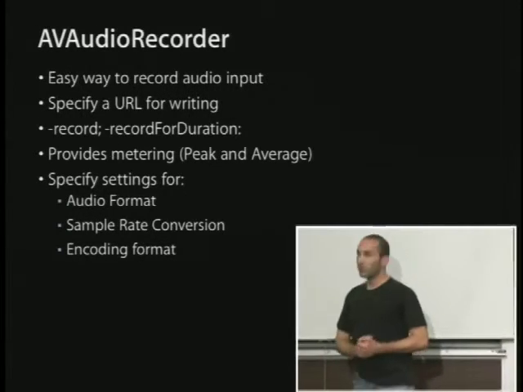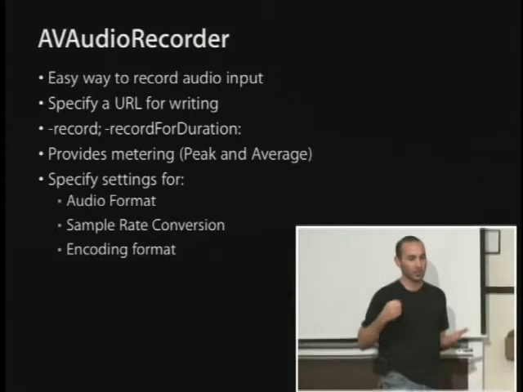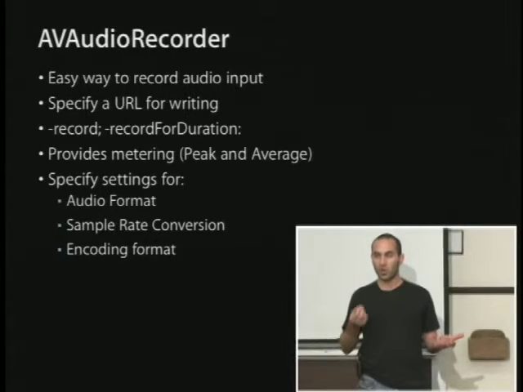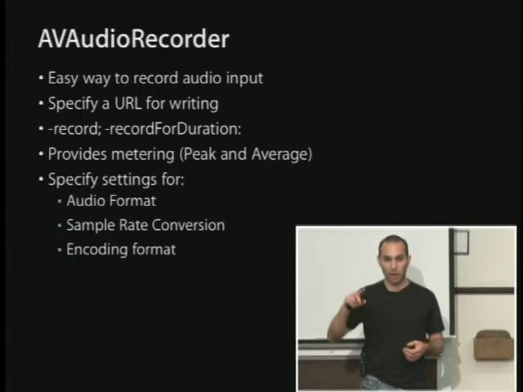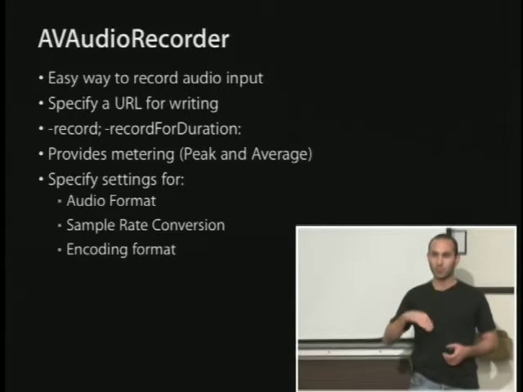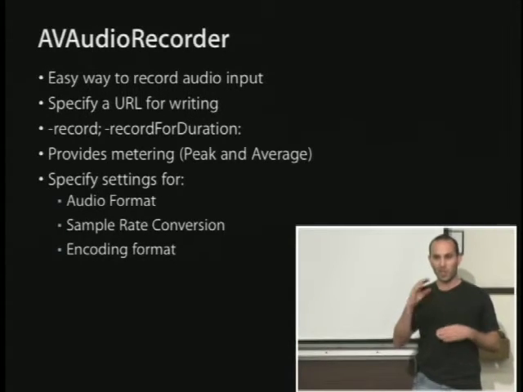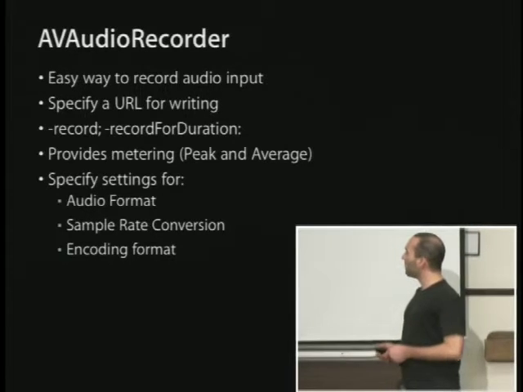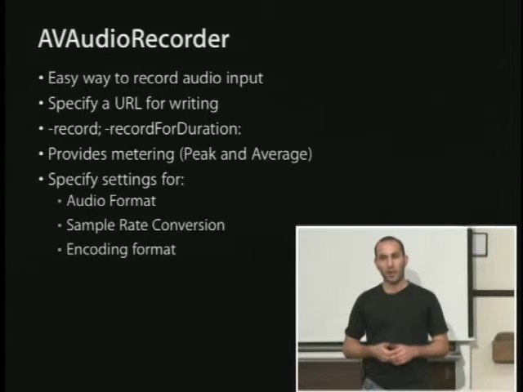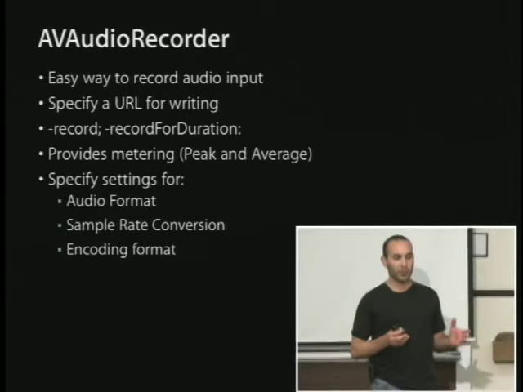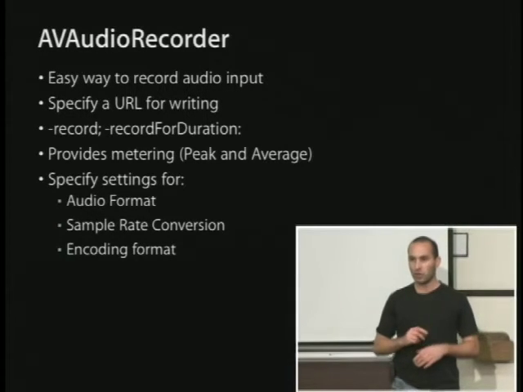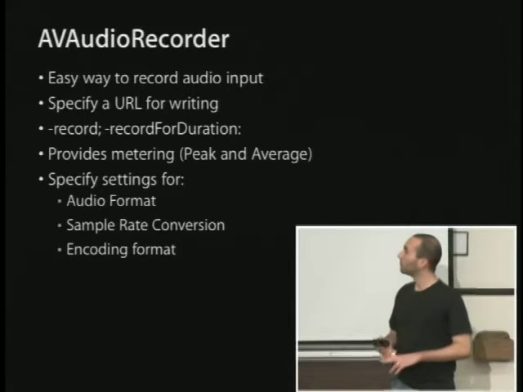It does provide metering, so let's say you want to listen for microphone input, you can show amplitude meters to show when the person is speaking, when they're not. And it does sample rate conversion and format conversion as well. So you can init it with settings, and those settings are different audio formats.